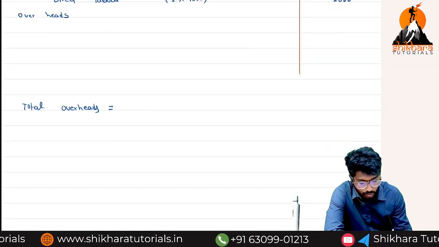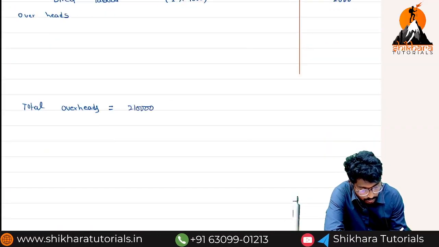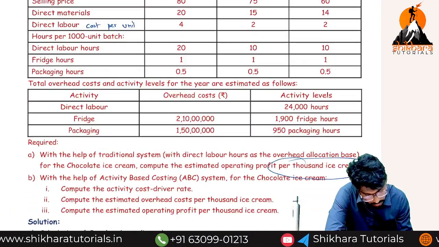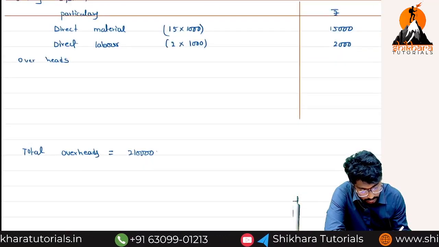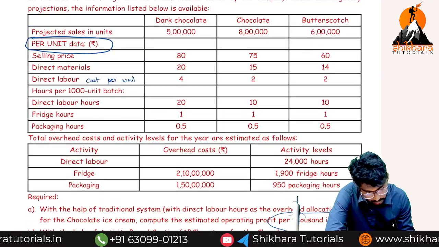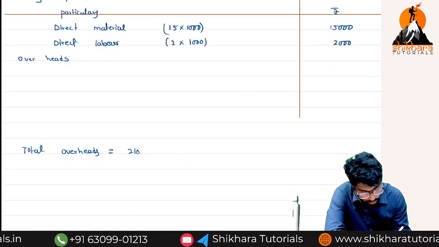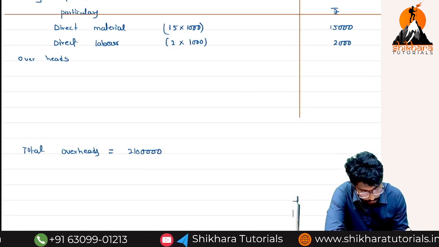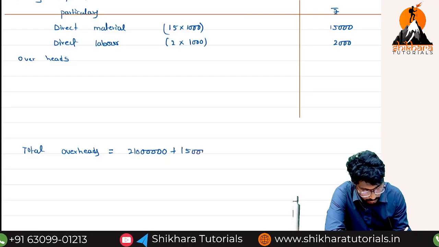15 lakhs. Total: 2 crore 10 lakhs plus 1 crore 50 lakhs.